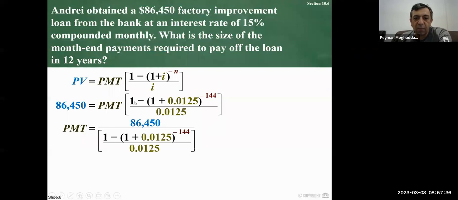So we want to calculate 1 minus 1 plus 0.0125 to the power of minus 144, divided by this one. Okay, so first of all, we need to start from the innermost part, right? So this is 1 plus 0.0125, which is going to be 1.0125 to the power of minus 144.